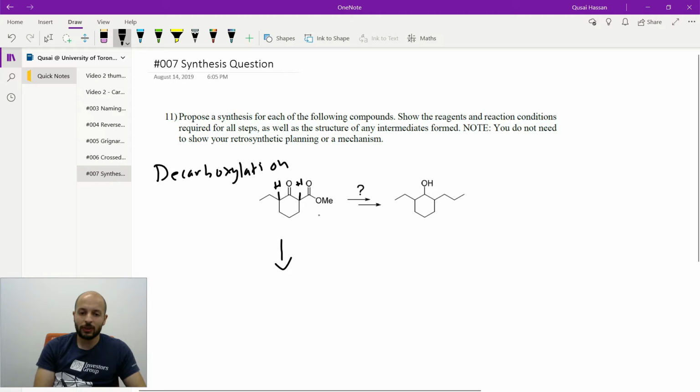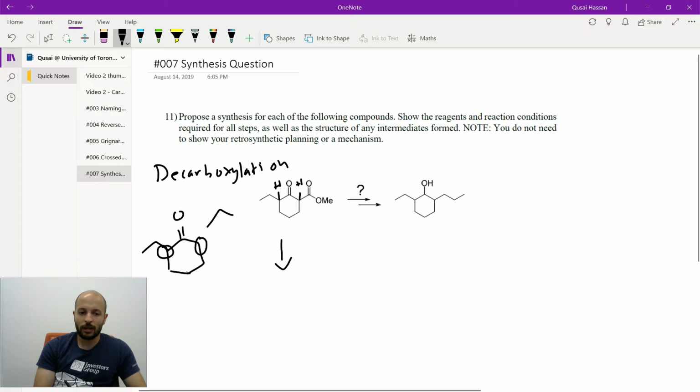Now, if we remove the ester before we get the propyl group on it, imagine we just remove this ester for a second, and we ended up with this compound here. Now, the problem is to get the propyl group on it, sorry, that's a butyl group, to get the propyl group on it, we'll have to somehow select this specific alpha carbon instead of this one.